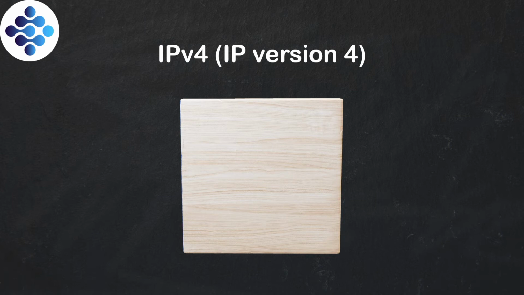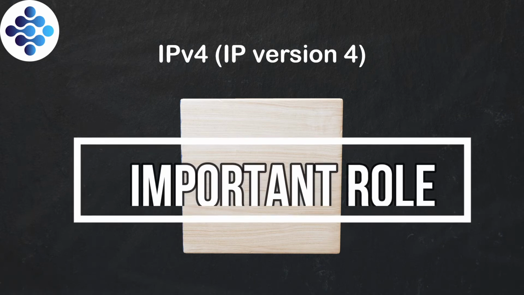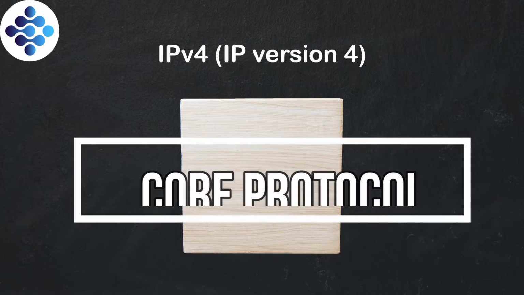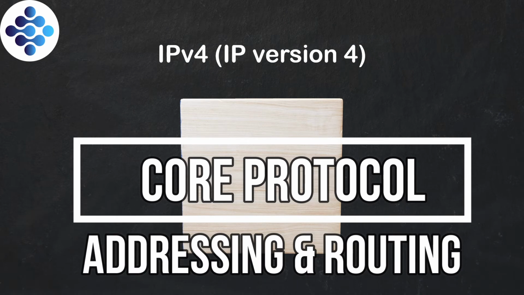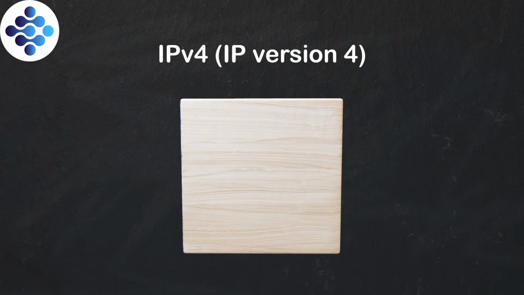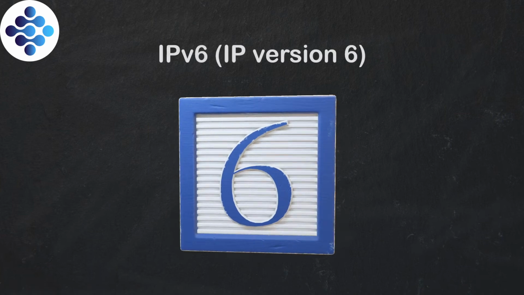Now IPv4 has been a very important part of the growth of TCP/IP and the internet. In fact, IPv4 is a core protocol that defines addressing and routing, but there are some limitations to it, and that's the reason there was a need for IPv6.